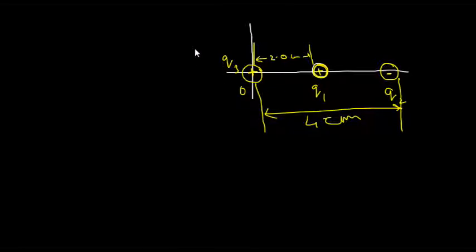Q3's value is 5.0 nanocoulomb. Q1's value is 1.1 nanocoulomb, and Q2's value is minus 3 nanocoulomb. So this is the diagram.